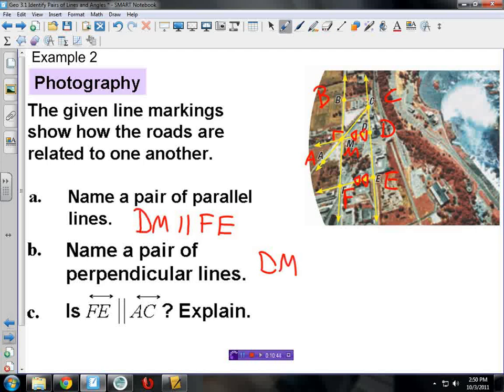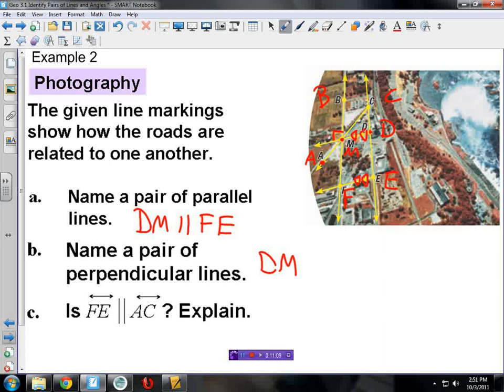DM makes a 90-degree angle where? Yeah, right here. But that's M. A's down here. Does that make sense? So this is A's point, and that's M's right there. So that's why I just called it DA, but DA would go from here to there, like that, which isn't right. So I was reading it wrong.